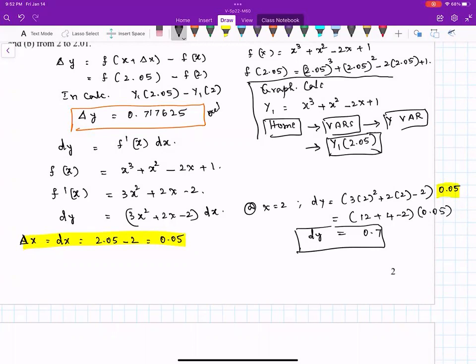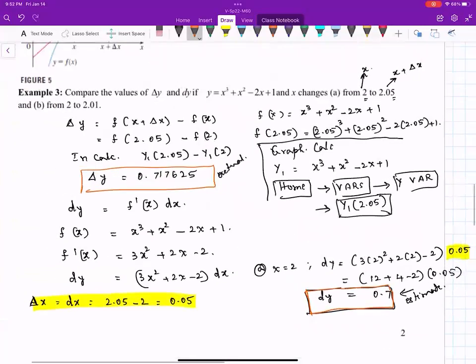This is the actual, and this is the estimate that we get through the tangent line. See how close these values are. That is the whole point of this. Through the values on the tangent line, we are getting a pretty good approximation to the actual value.